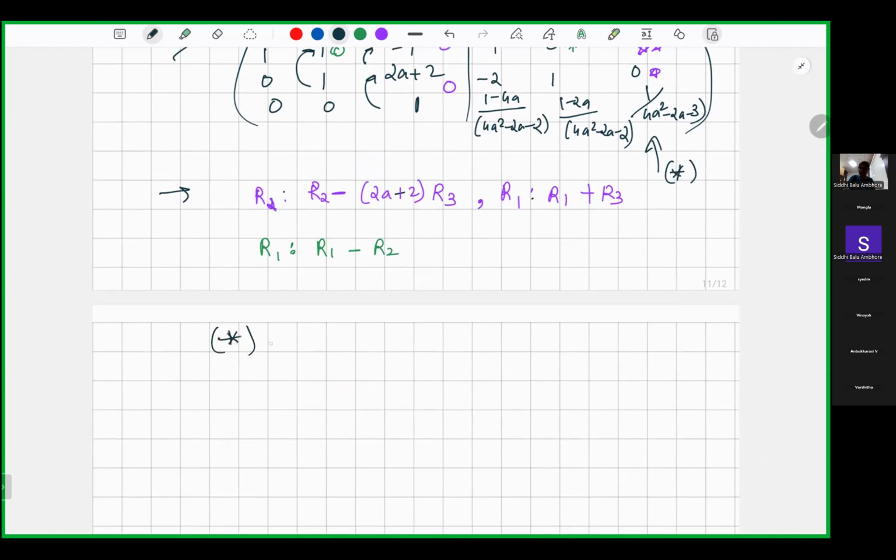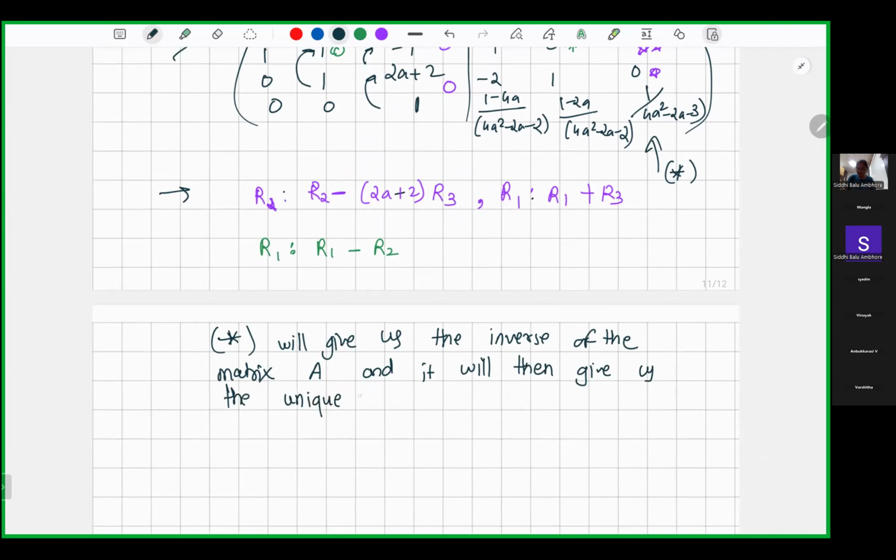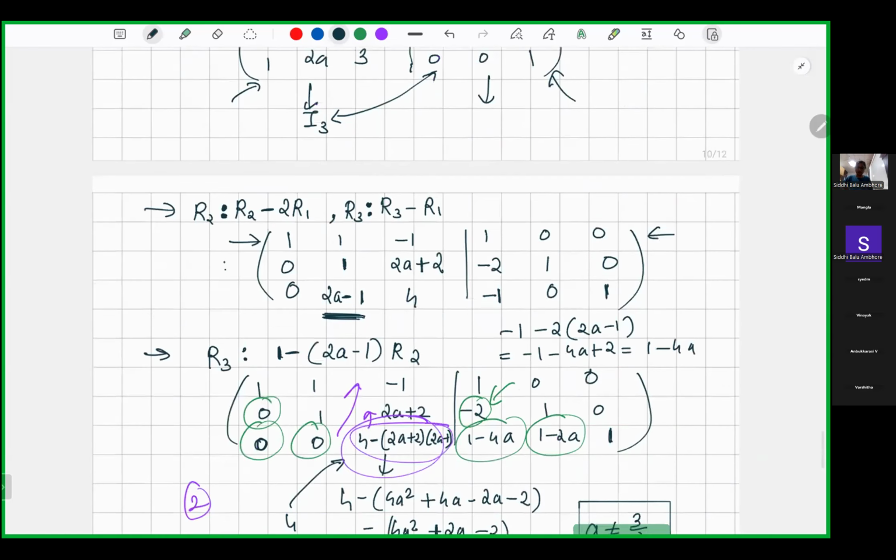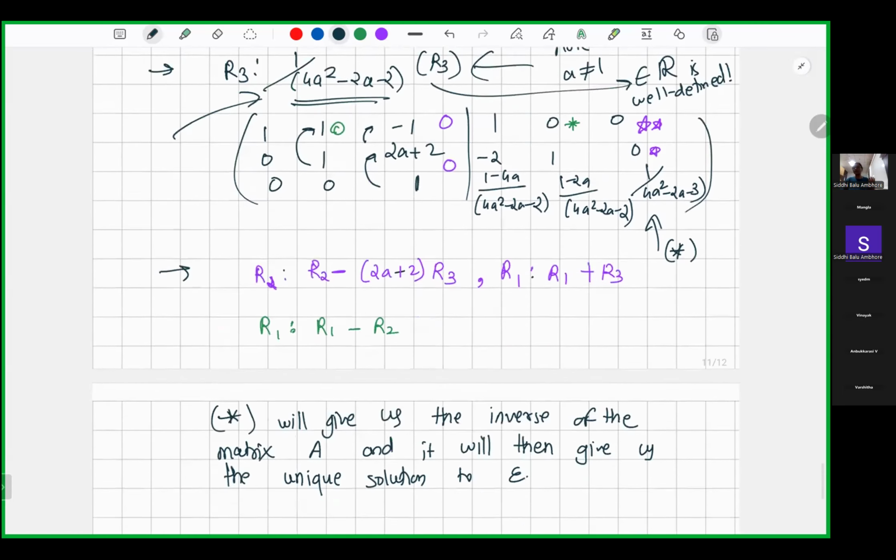So star will give us the inverse of the matrix A, and it will then give us the unique solution. Okay, so we got the unique solution part here.